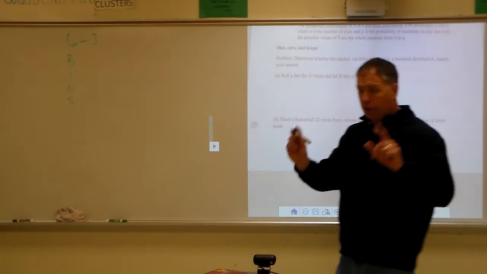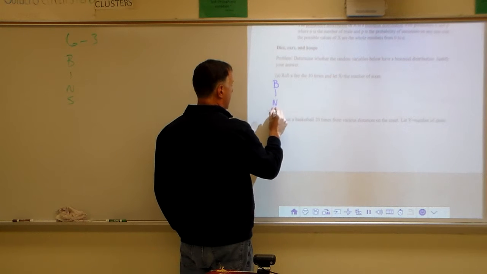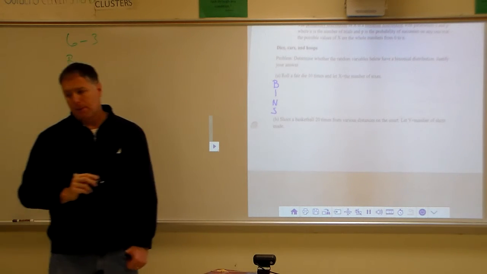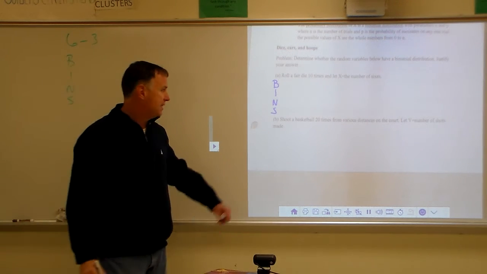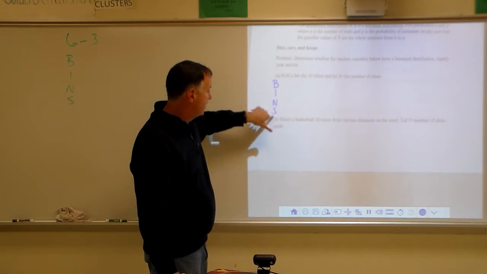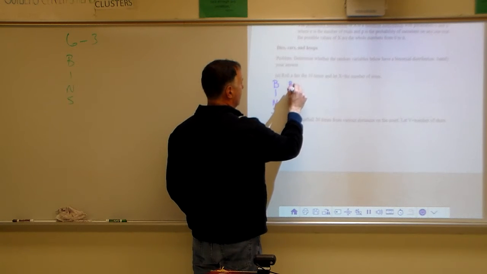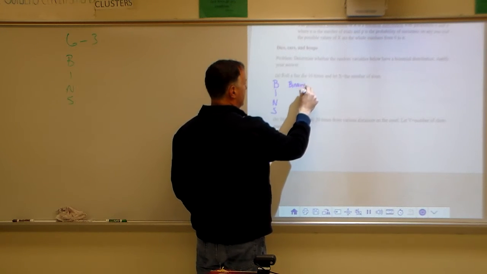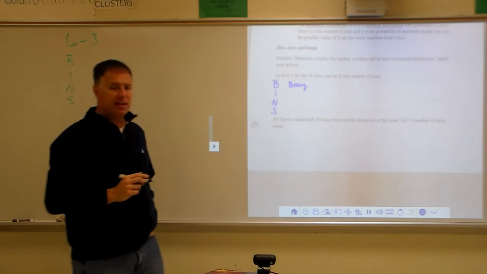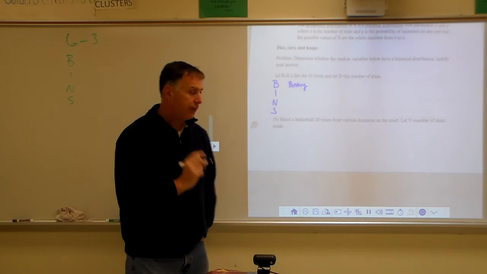The first thing I'm going to do is write out BINS, B-I-N-S, and verify that this is a binomial distribution by checking each of these conditions. So B stands for binary, which means you can determine this situation as a success or a failure.